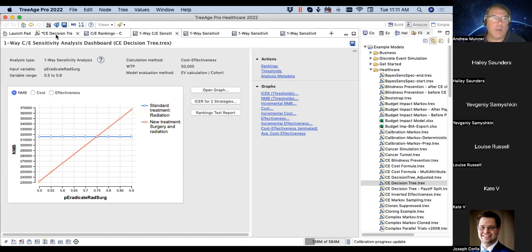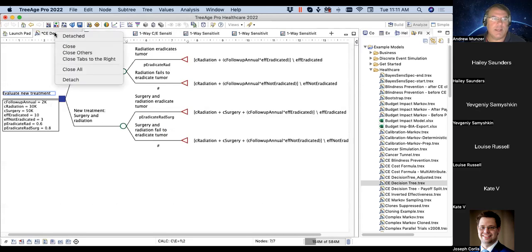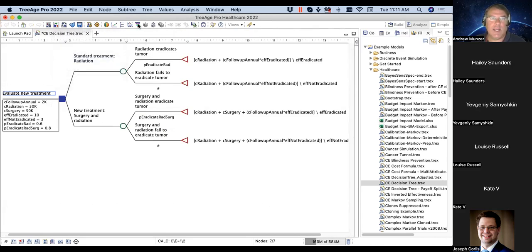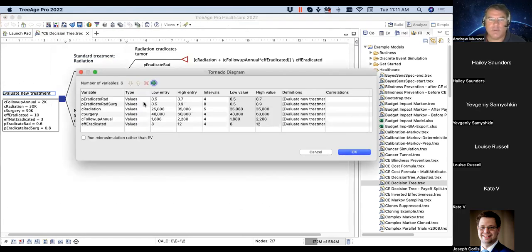Okay, so I'm going to use the same tree. I'm just going to right click on this and close all the ones to the right. And the tornado, so the tornado, what's that? Well, tornado, and I'm just going to use all the default ranges that we have. But now we're looking at, in this case, 6 separate inputs and uncertainty ranges for all 6 of them, right?